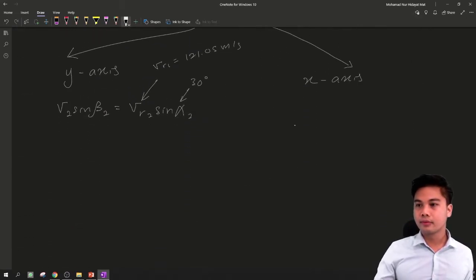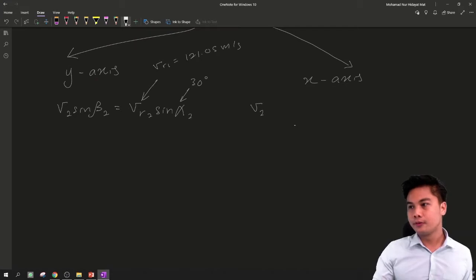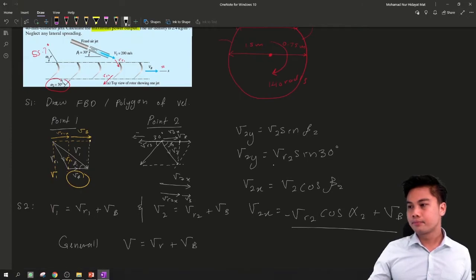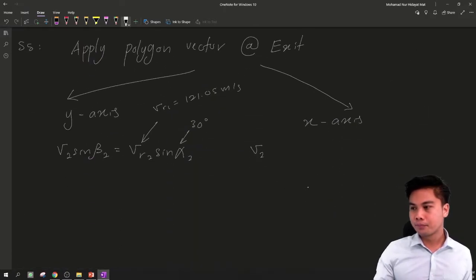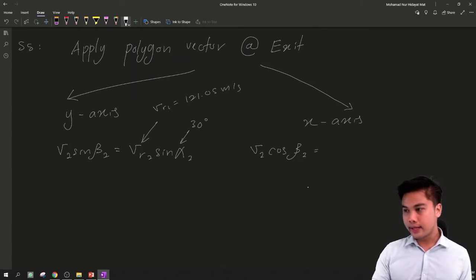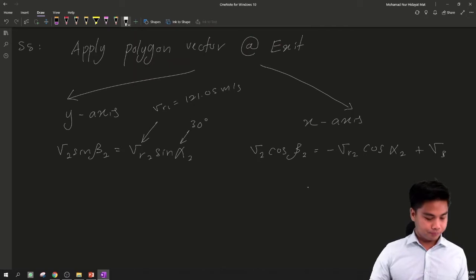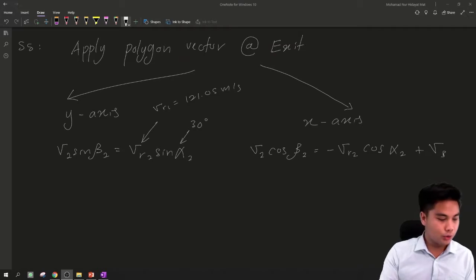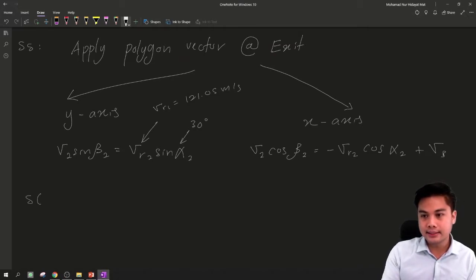So V2x, we write it down. V2x refers to V2 cos beta 2, equal to negative, remember negative, VR2 cos alpha 2 plus VB. So in this case, we only need to find V2. So leave it. Step number 6, substitute V2. Substitute all the values here.